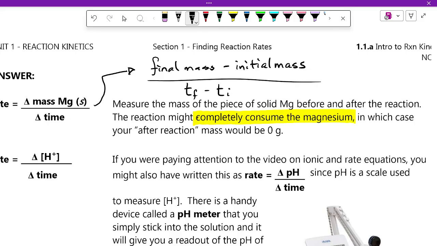I think I mentioned yesterday that I don't mind whether you make the value at the end negative or positive. Just don't make it negative if it was supposed to be positive. You can just call every reaction rate positive, or if you feel comfortable doing it, anytime you're looking at products being formed, that's going to be a positive value. Anytime you're looking at reactants being consumed, that's going to be a negative value.